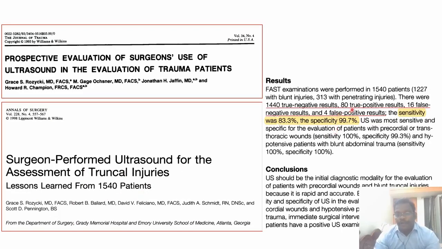His reports are: the FAST assessment has a sensitivity of 83.3% and specificity of 99.7% in detecting injuries in precordial and abdominal trauma. So he concluded that ultrasound should be the initial diagnostic modality for the evaluation of patients with precordial wounds and blunt trauma wounds because ultrasound is rapid and accurate.